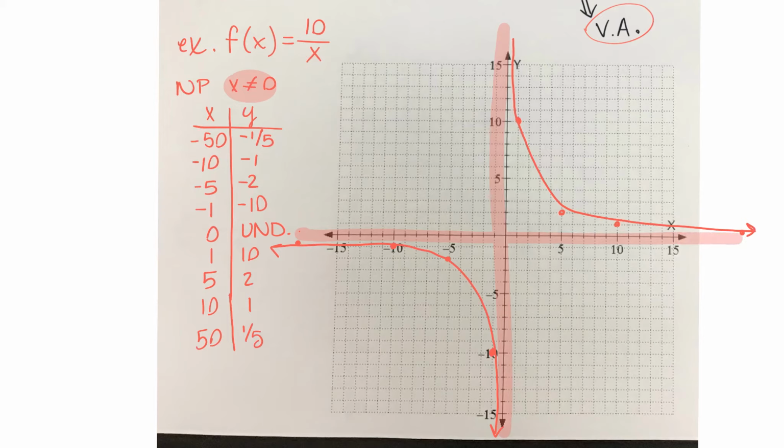This is happening at 0 because as x gets large, what is y approaching? If I had 10 over 2,000, what is it approaching? About 0. And if I had 10 over 5 million, what is it approaching? 0. So this is going to continue to be my horizontal asymptote, if you can keep that thought in mind.